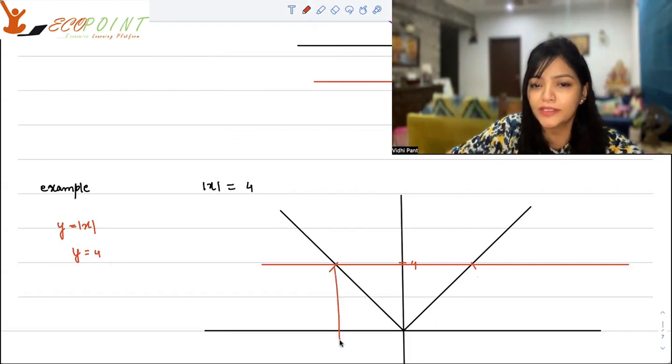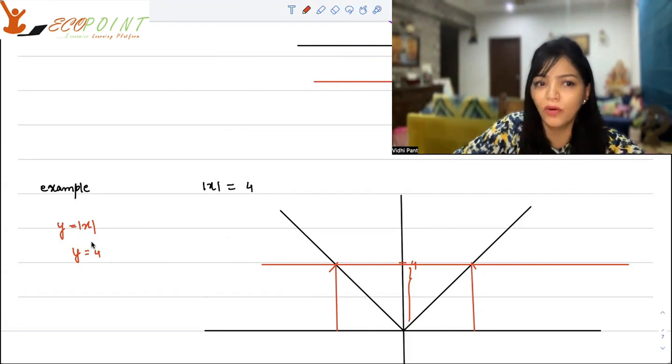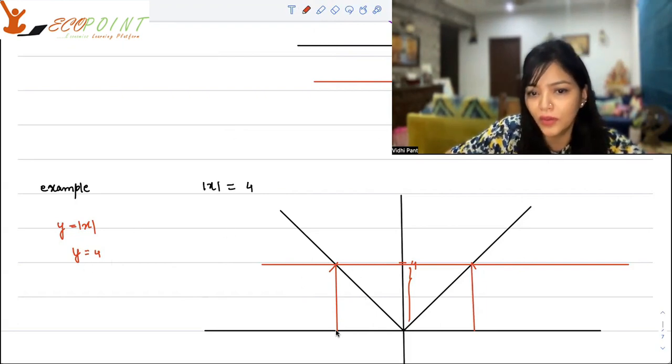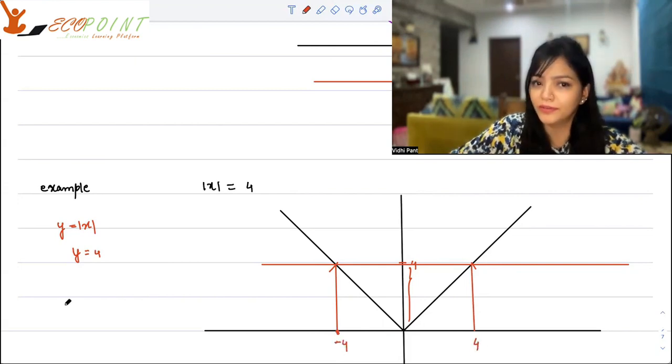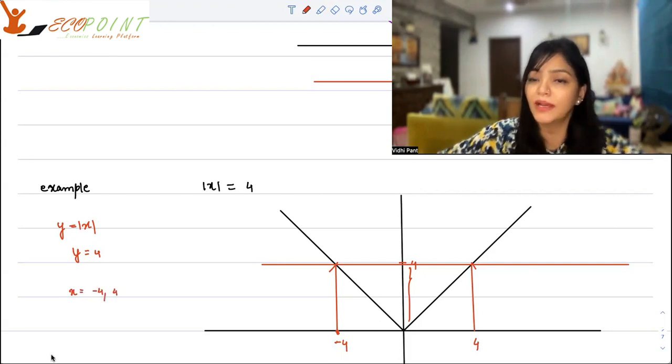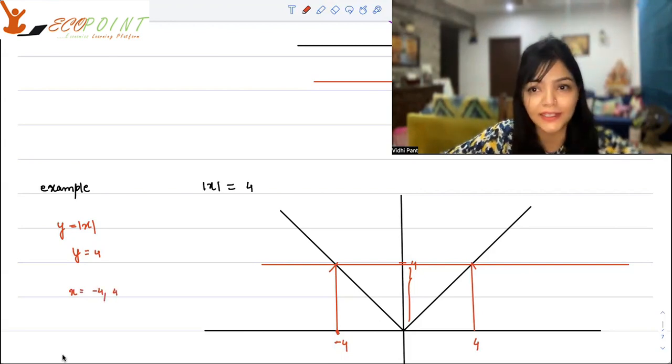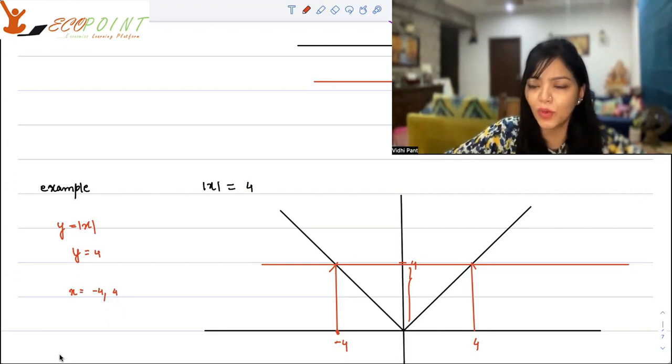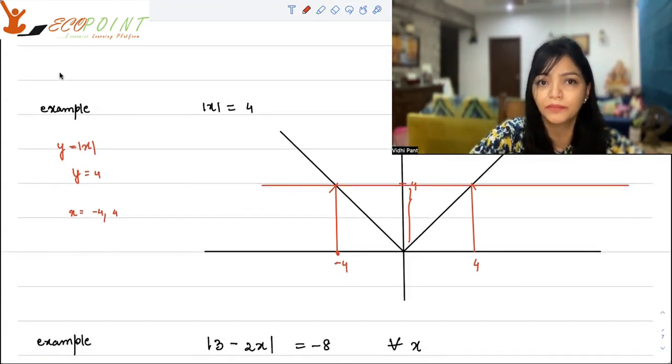And what are these 2 points? The height is 4. So you would see that modulus x equals 4, or y equals 4, when x is minus 4 or 4. So you have exactly 2 solutions here, minus 4 and 4. These are the 2 solutions. So that's what dealing with absolute value equations is, okay?